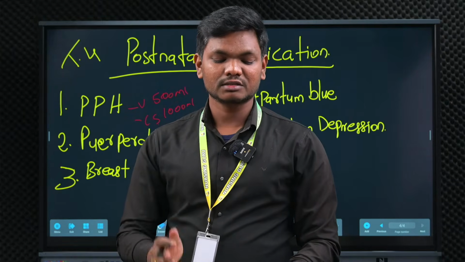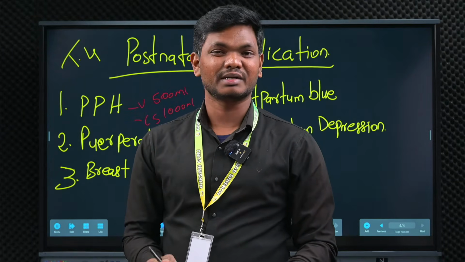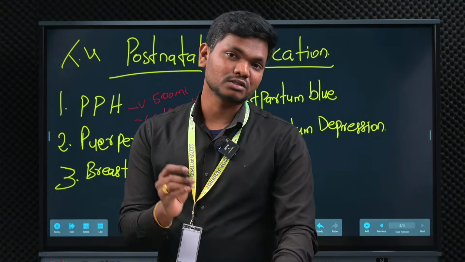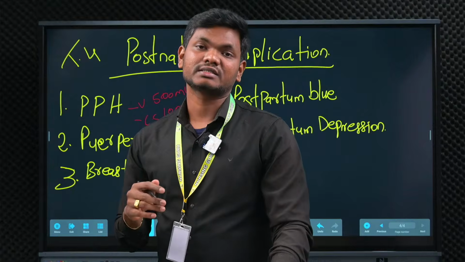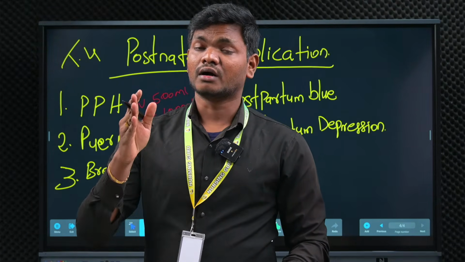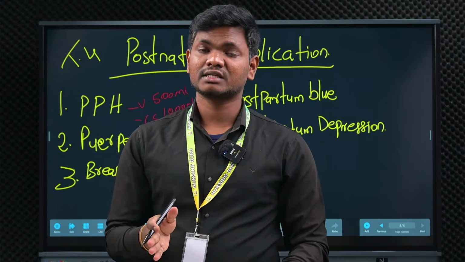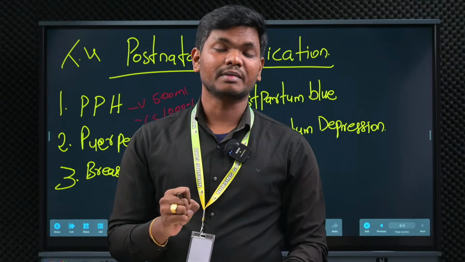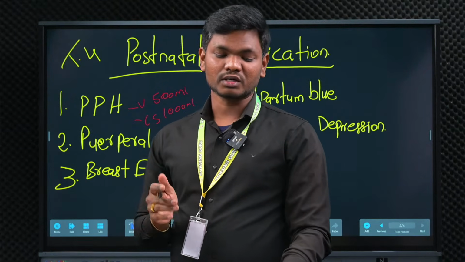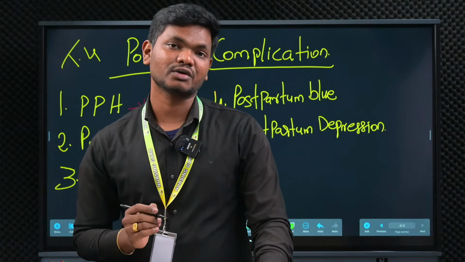The next one is medicines. What medicines will be administered immediately? Oxytocin is the primary drug, because once the placenta is delivered you can administer oxytocin, which will make the uterus contract and minimize the bleeding. So oxytocin is the first line drug.